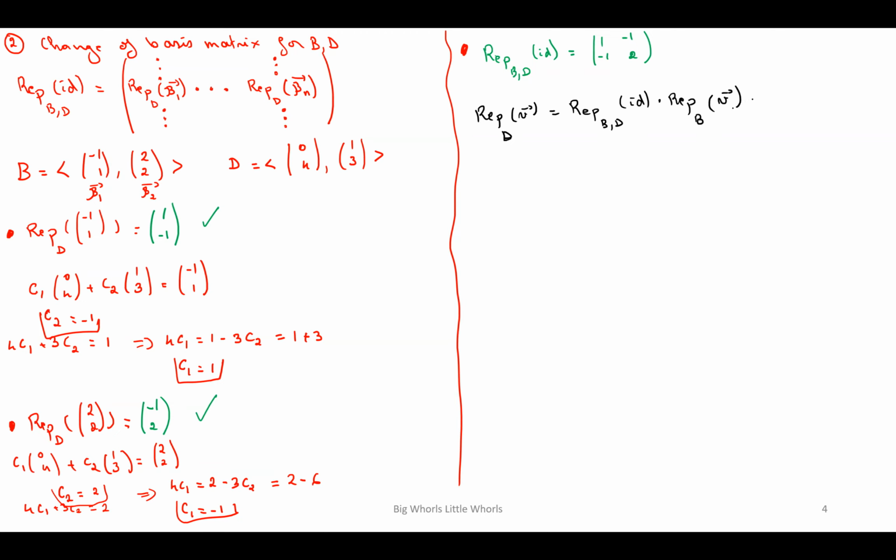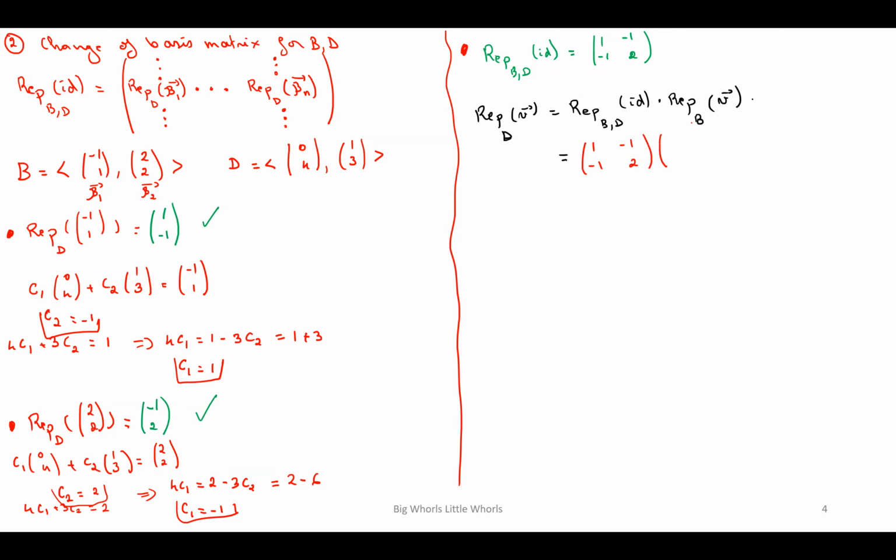Let's have a look if that is true. We have seen the representation of V with respect to B. Here we have the change of basis matrix, which we found a short while ago: (1, -1), (-1, 2).